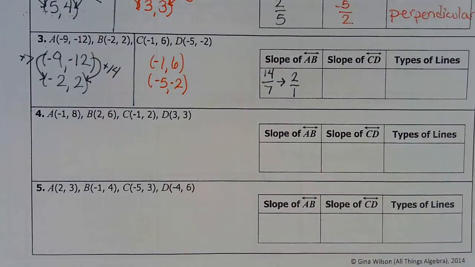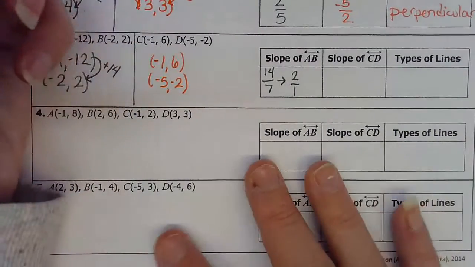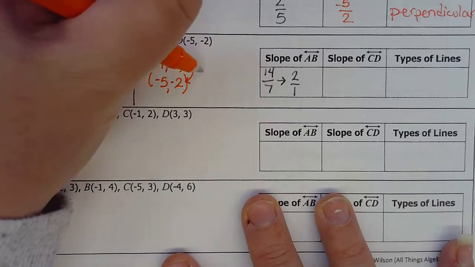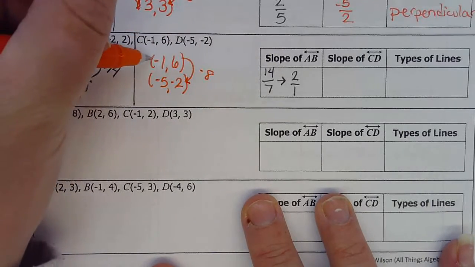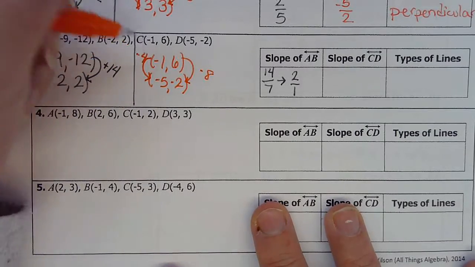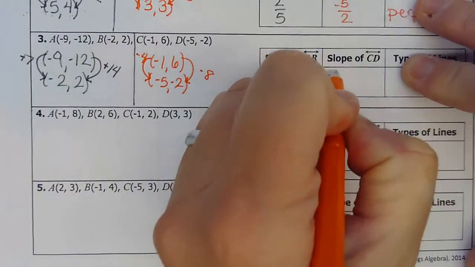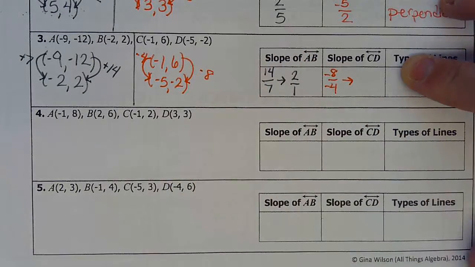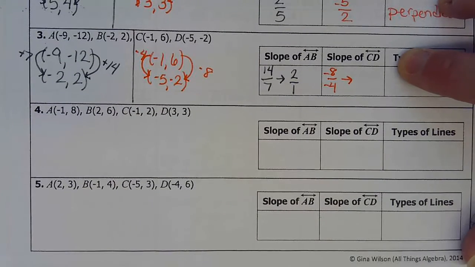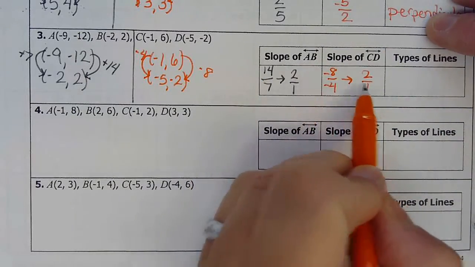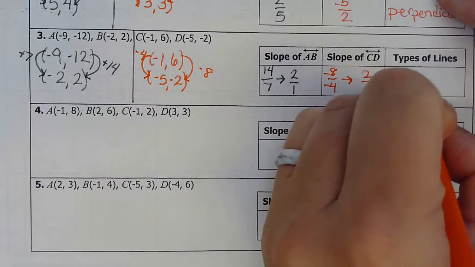So we've got to find our differences. How do you get from 6 to -2? -8. How do you get from -1 to -5? -4. So we have -8 over -4, but you can't leave it like that. -8 over -4 reduces to 2 over 1. So now your slopes are exactly the same, so these lines would be parallel.